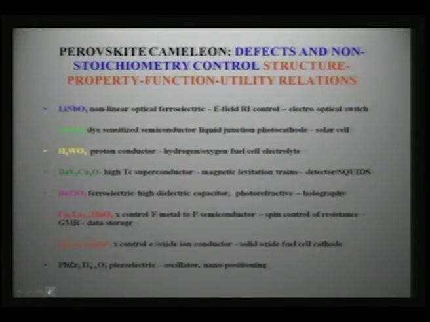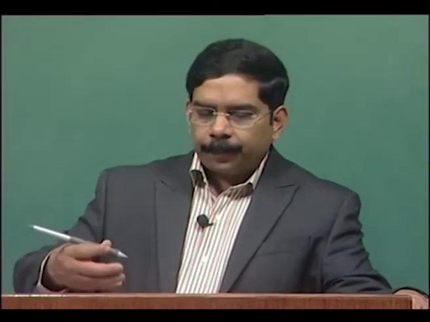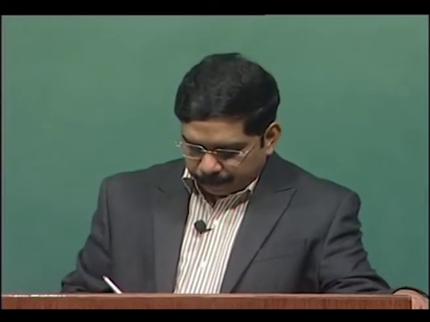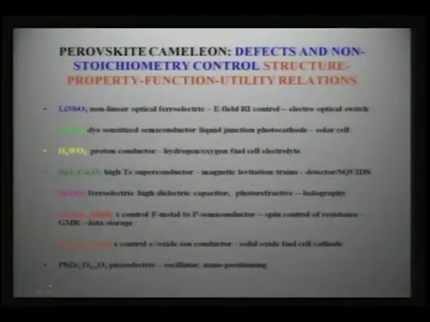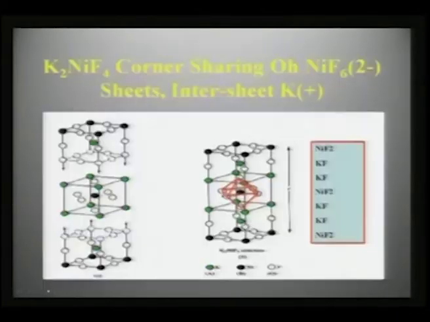So many different sorts of compounds, and you can see a variety of cations that you can dope maintaining the same structure, but you can end up with a range of properties from magnetism to conductivity to ionic mobility. You can go for any sort of property, and the precise control of the size and shape of these materials will help in the utility applications.